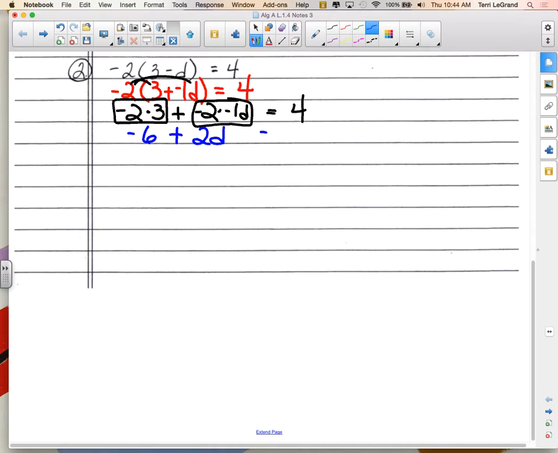And then we bring down our equal sign and our 4. Do we have any other simplifying to do? Are negative 6 and 2d like terms? No. And that 4 is already hanging out by itself, so it doesn't have anything that could possibly be a like term.